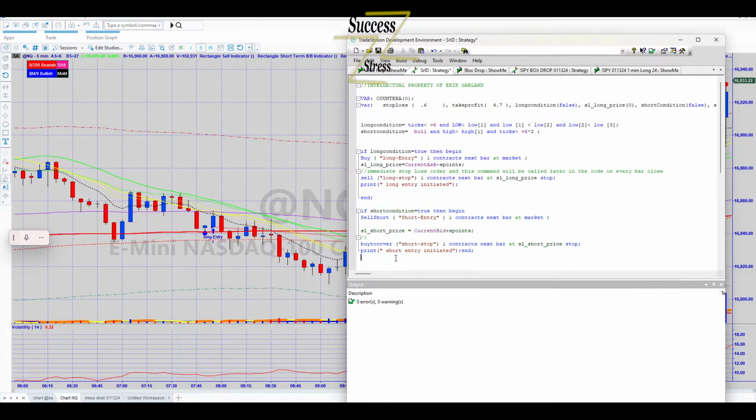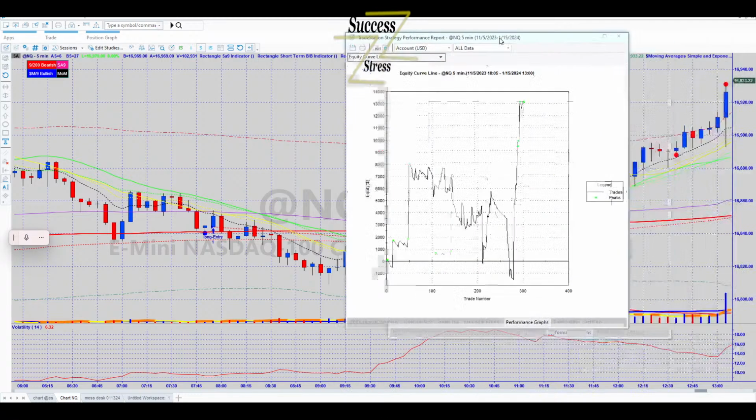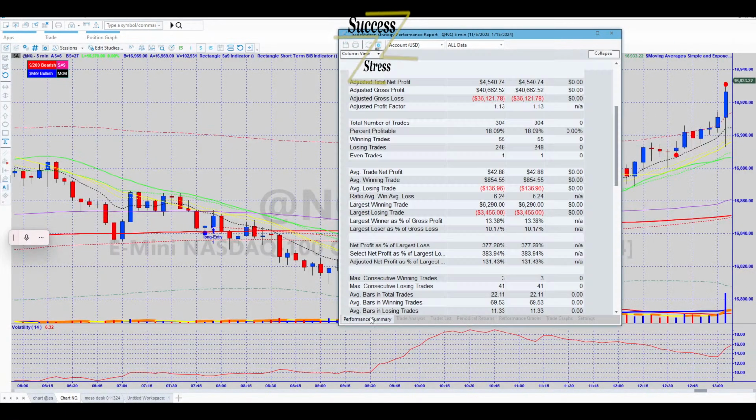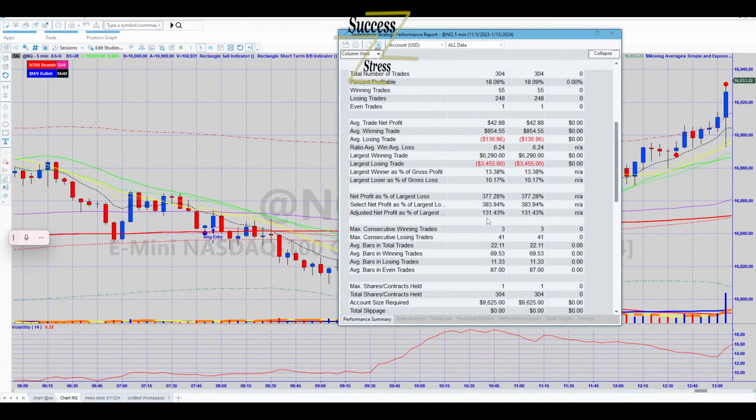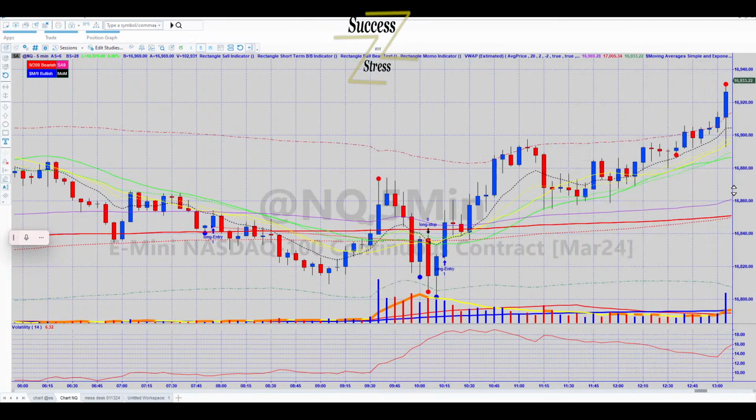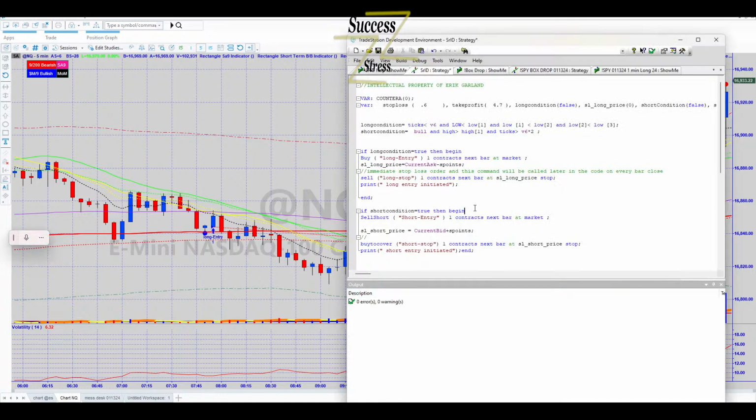So that was $4,000, and I don't care what the profitability is. It didn't look great on the curve. $4,000, 18% profitable, which is less than it was before. It was 20% profitable before.